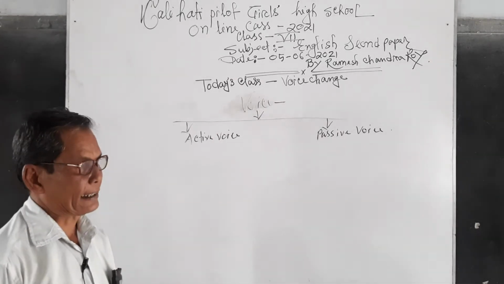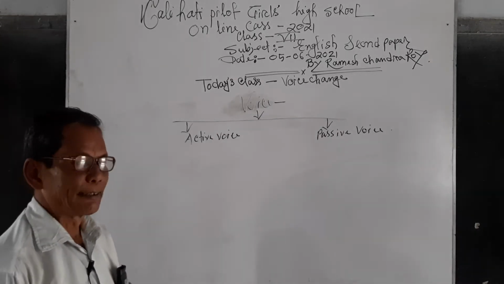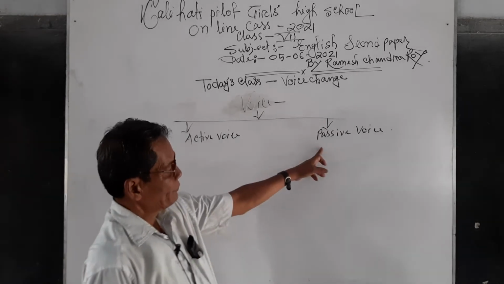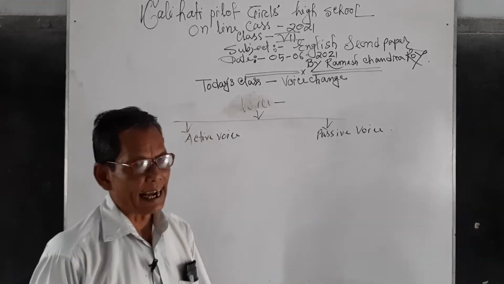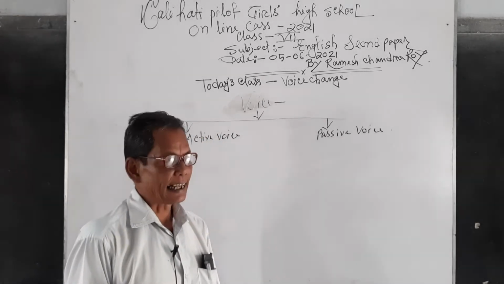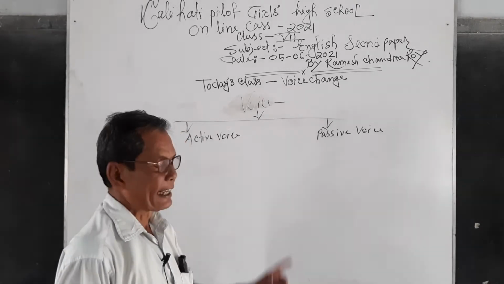Active voice means when the subject does something by himself. Passive means the work is done by others and the subject does not do the work by himself.